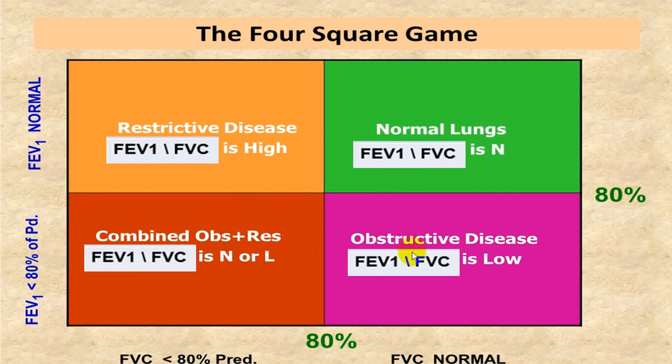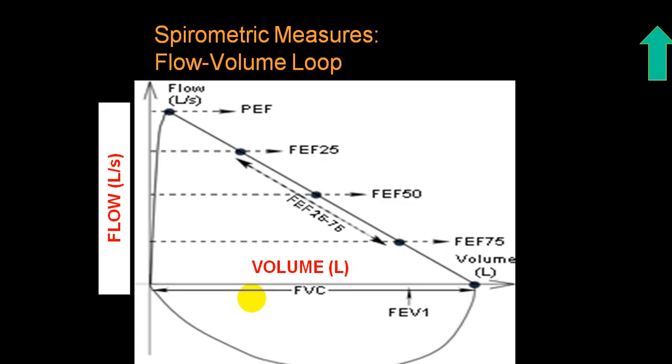But if the ratio is markedly low, less than 70, it is more in favor of obstructive. Very high, say more than 80%, 100, more in favor of restrictive. And if it is close to normal, between 70 and 80, it will be more in favor of combined. So this is a simple chart we call the four-square game.